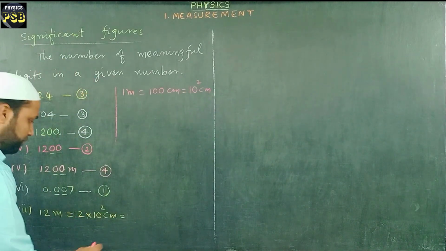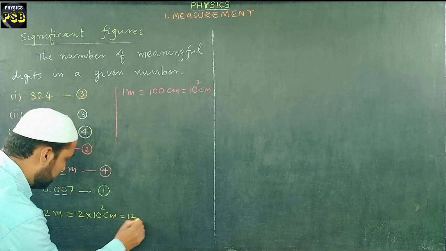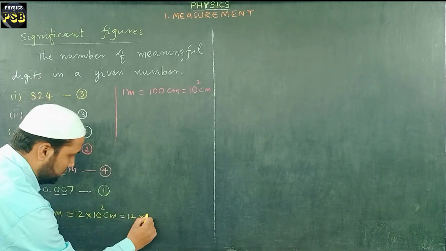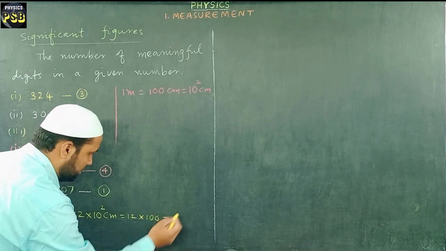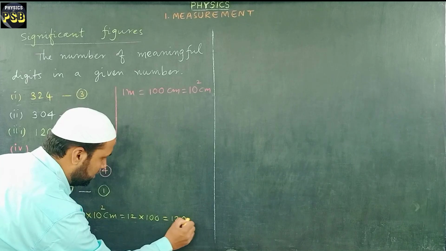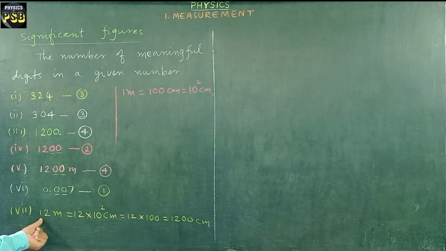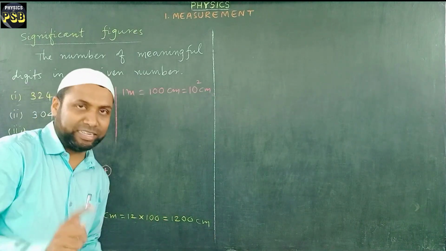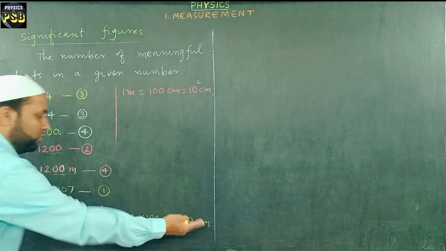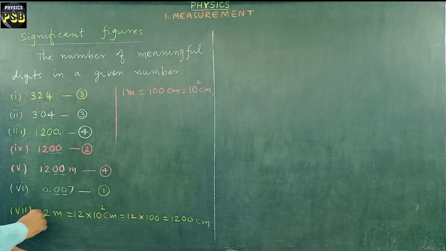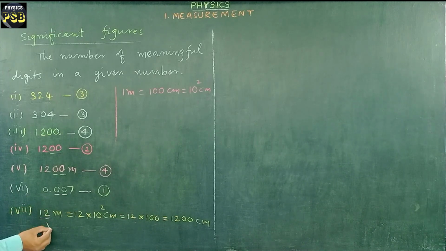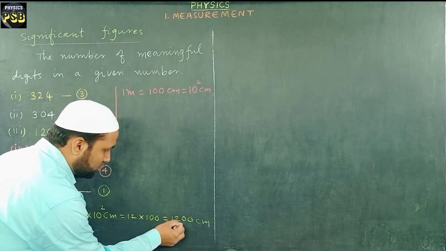Clear? So this way, 10 power 2 is known as 100. Then this is an exponent, as 1200 centimeter. You see, here 12 meter can be written as 1200 centimeter. Now I have changed the unit of this value. But even after doing so, see here the number of significant figures is 2. Whereas here, if you see, it also remains the same.